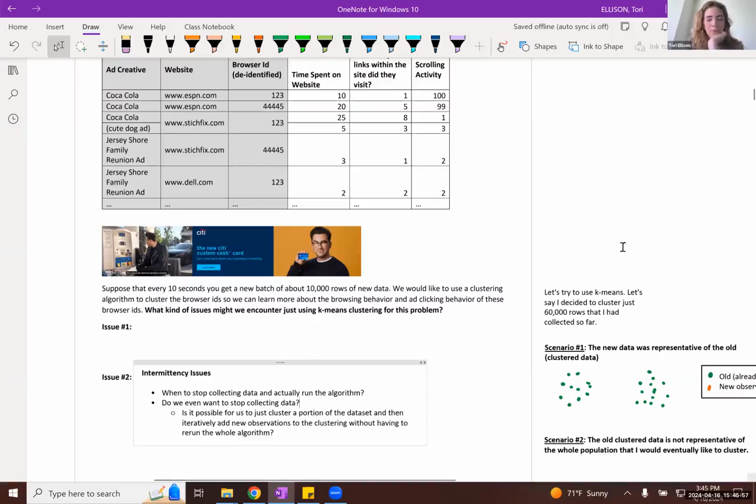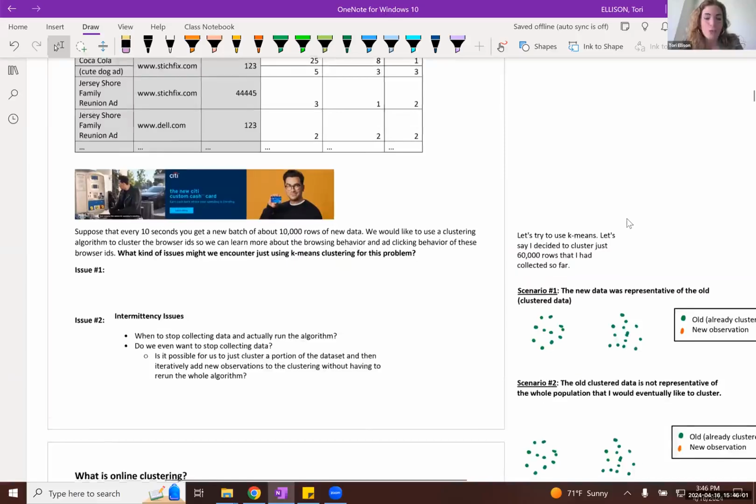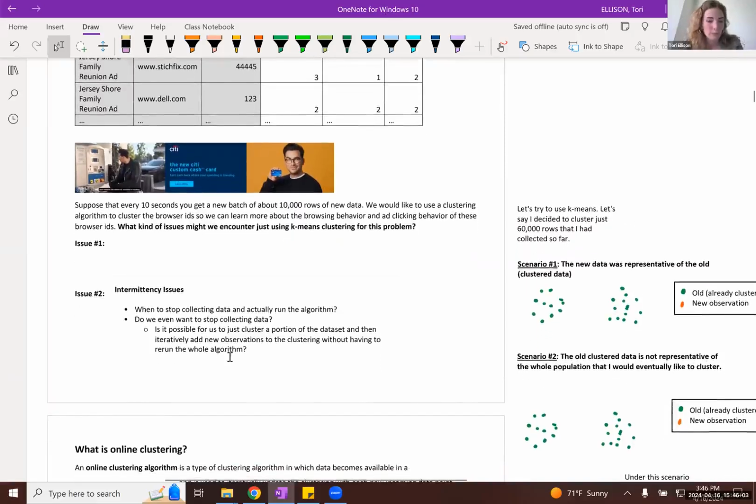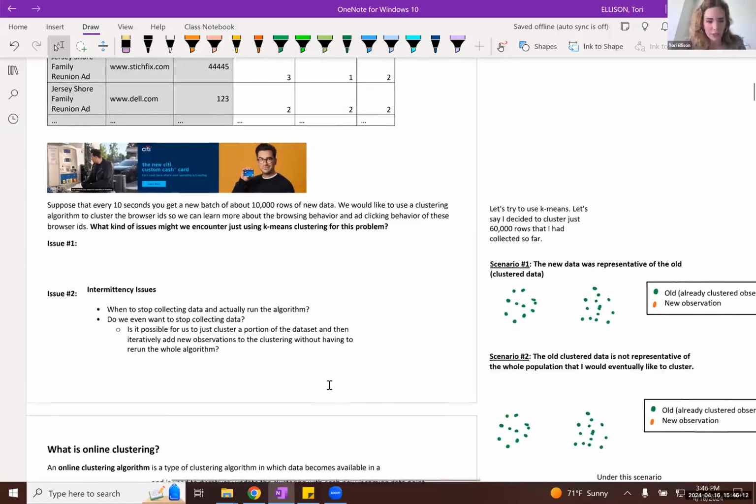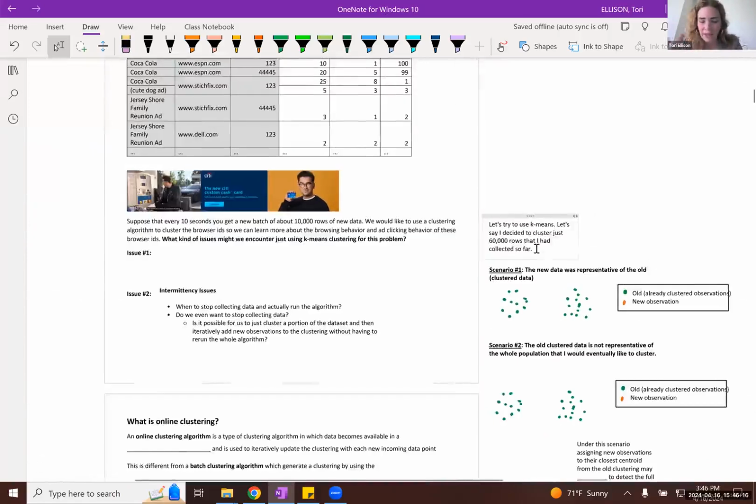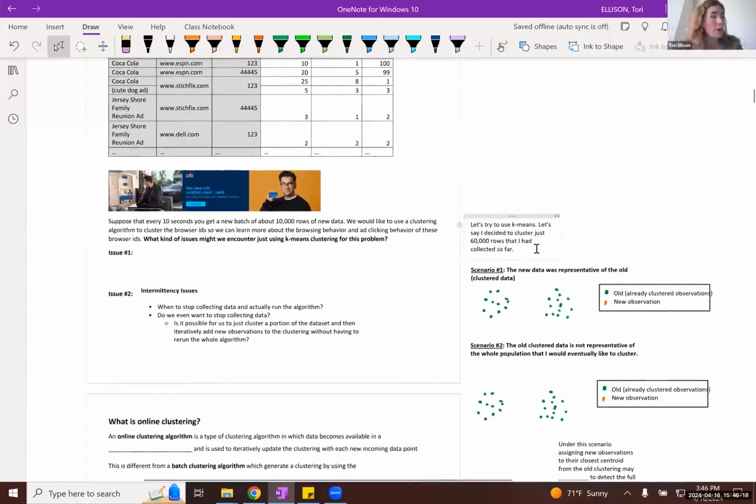That's a relevant question that we could ask. Is it possible for us to get by clustering a small portion of the data and then iteratively cluster new observations as they come in without having to run the whole algorithm? Well, that's really going to depend on how representative our first few initial batches really were.